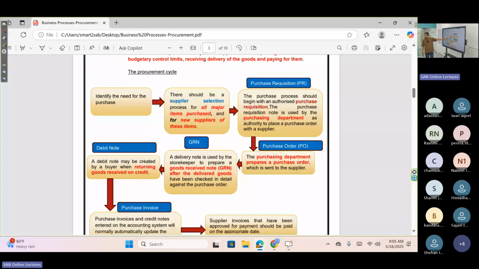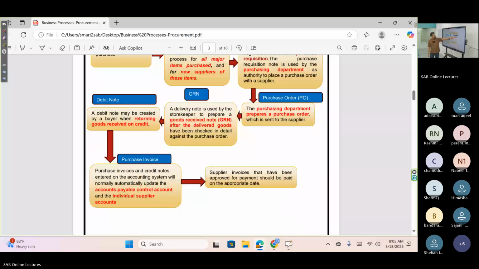Third, once you select the supplier, the purchase process should begin with an authorized purchase requisition, PR. The PR should be sent by the store manager or store department to the purchasing department. The purchase requisition issued by the purchasing department gives authority to place a purchase order with the supplier.